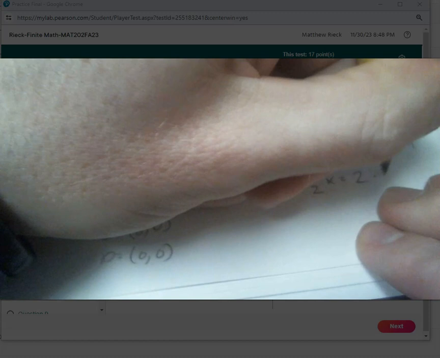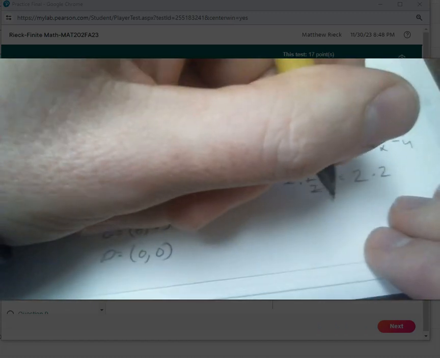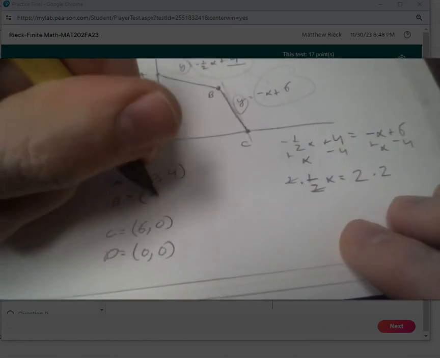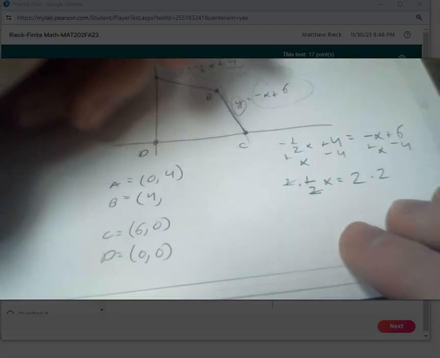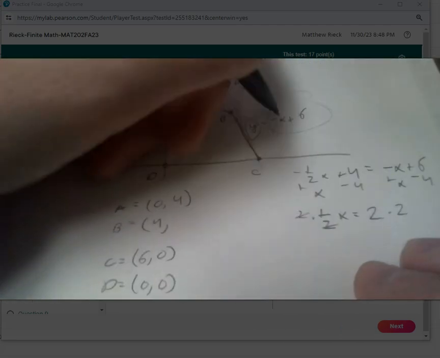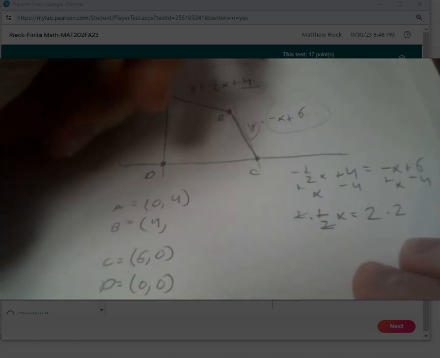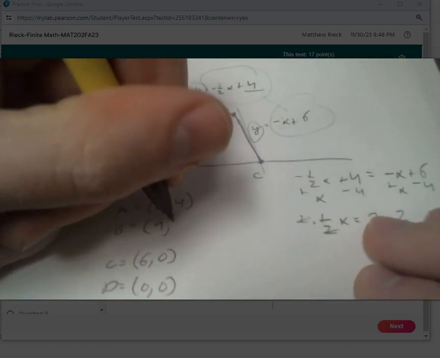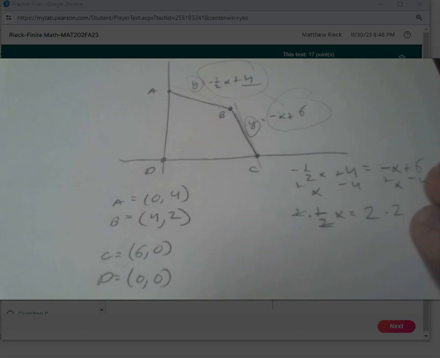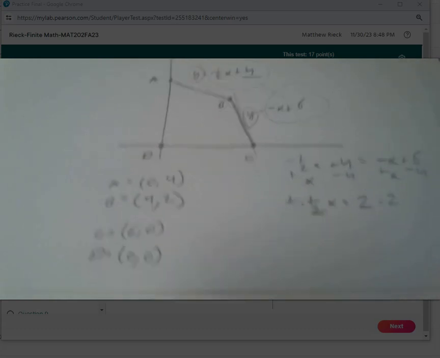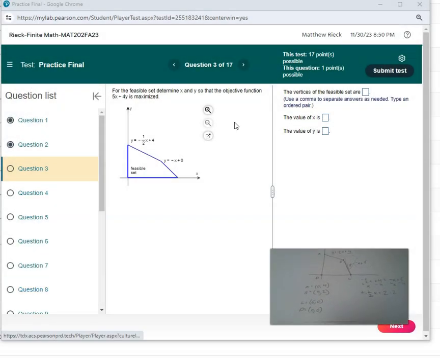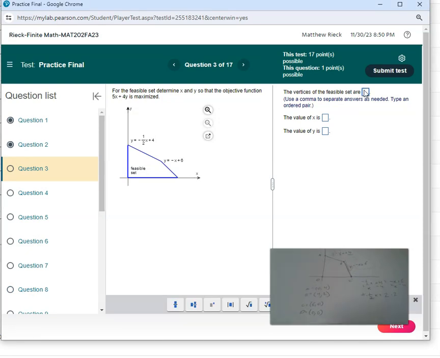Multiply both sides by 2, so x is 4. And then your y is what you get when you plug in 4 into either one of these, and you should get the same value for y, which I think we both get 2 for each of those. All right, so you have (0, 4), (4, 2), (6, 0), and (0, 0).